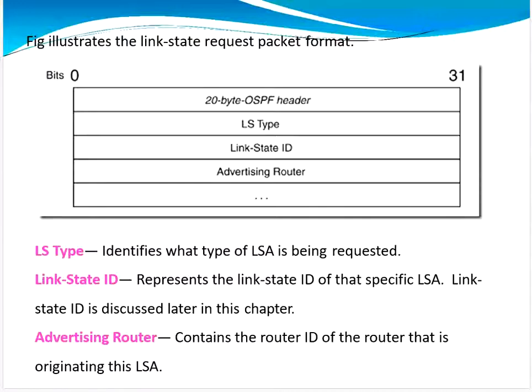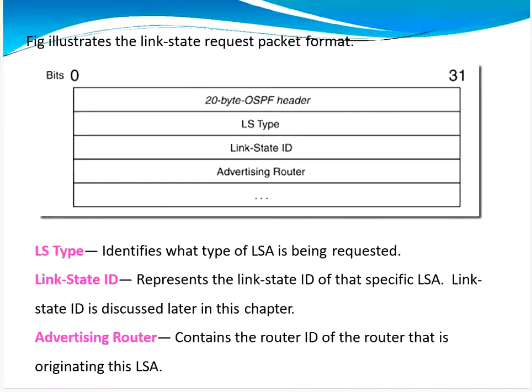In this packet format, the OSPF header is 32 bits, the LS type is 32 bits, the link state ID is 32 bits, and the advertising router is 32 bits. So what is the LS type field specifying? The LS type field identifies what type of LSA is being requested. The link state ID field represents the link state ID of that specific LSA, and we will discuss this in the next unit.